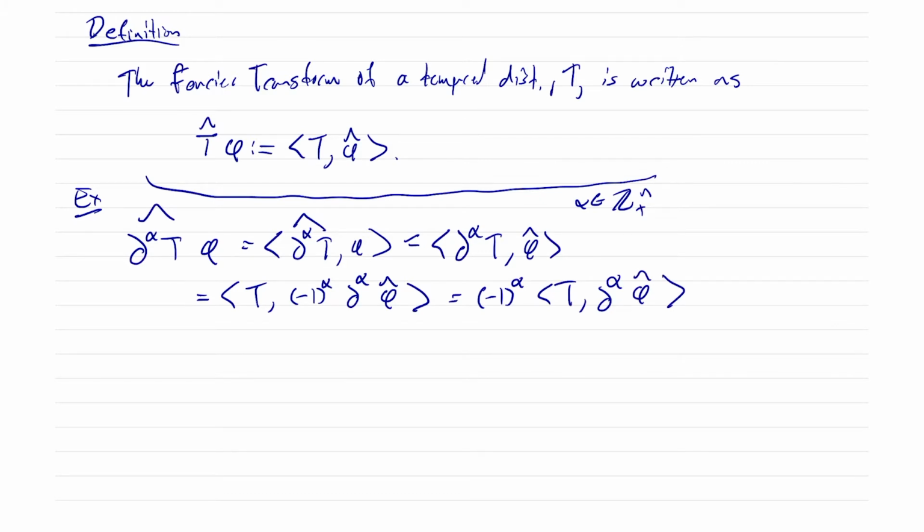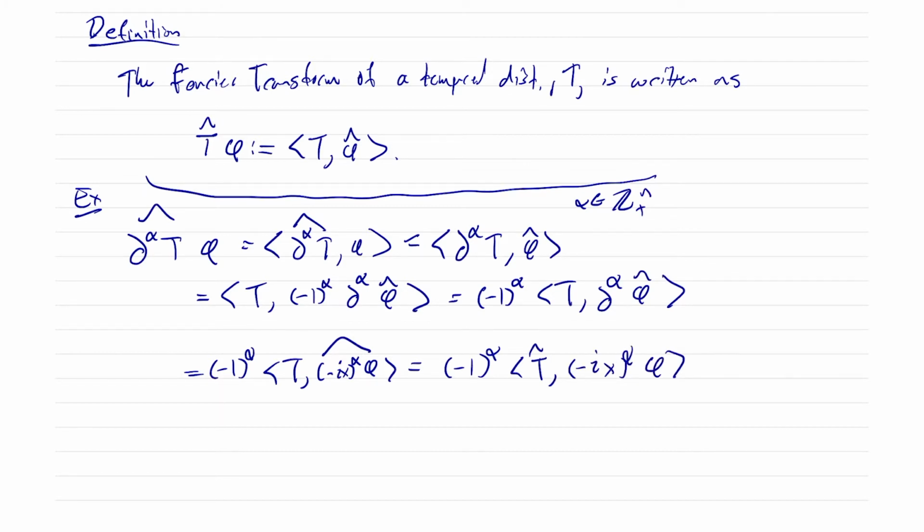Now, at this point, we can go ahead and use the properties of the Fourier transform on Schwartz functions, and so we see that we get this (-1)^alpha, T against, so we're basically going to be multiplying by x on the inside, so it's going to be (-ix)^alpha times phi, and then if I go ahead and move the Fourier transform back onto T, then what do we get?